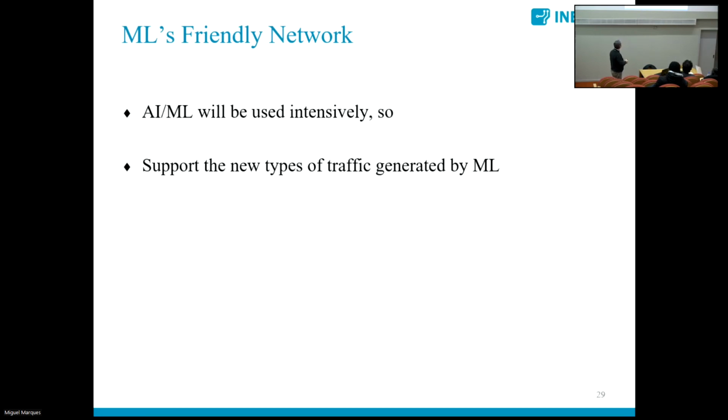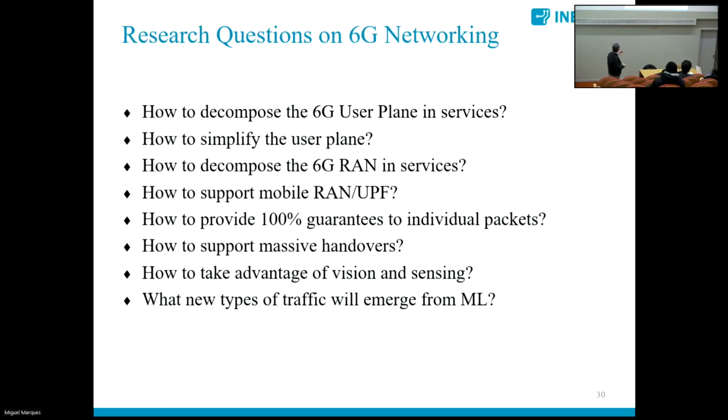And in fact, you know that there is research going on on this topic. So key questions relate to 6G networking, which we could explore, for instance, by doing a thesis at INESC-TEC, at the networking group focused on wireless networking.